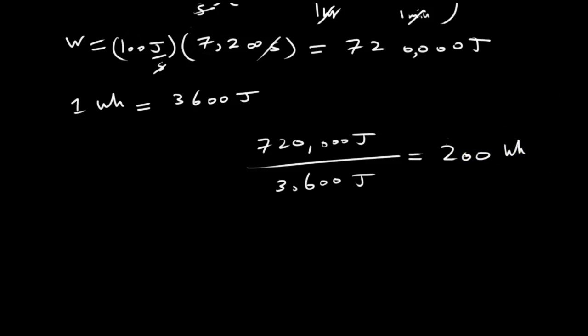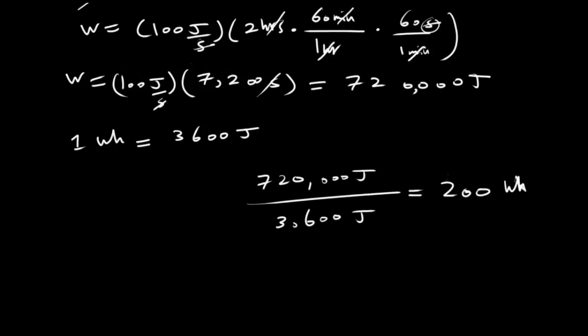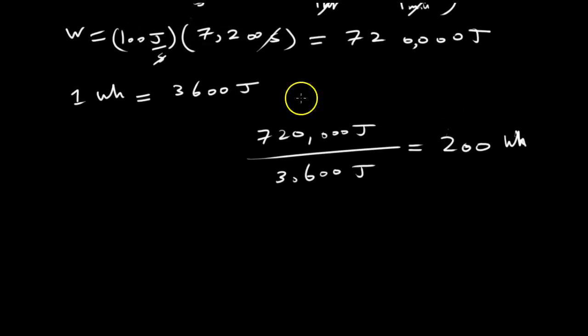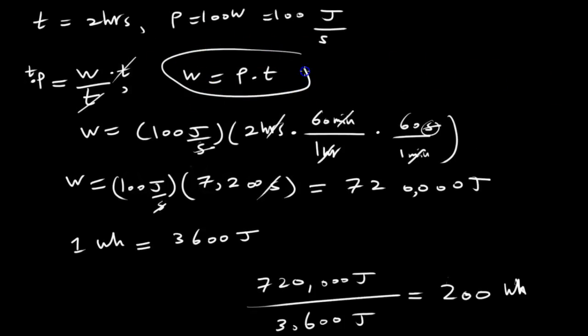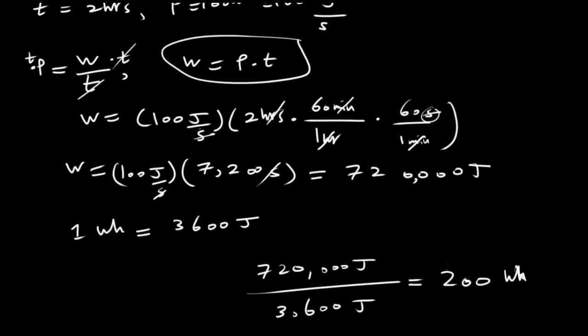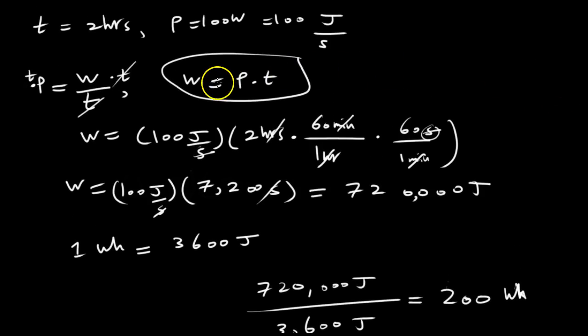But to make it more correct, because you don't see the units being displayed correctly here, I can take another method, and that is to go back to this and multiply both sides by the number of hours.